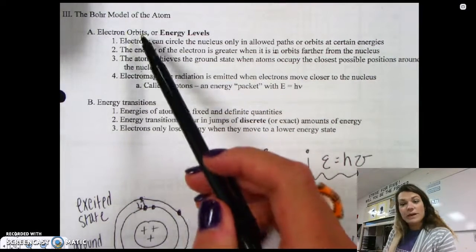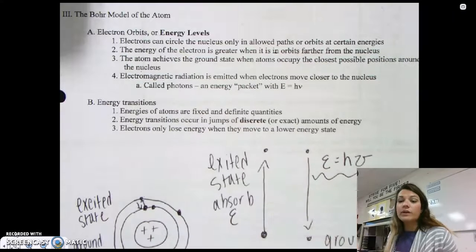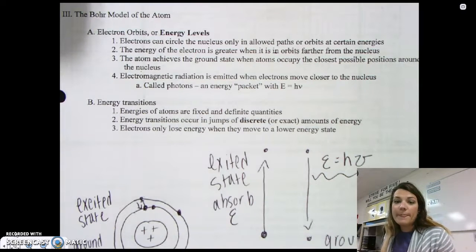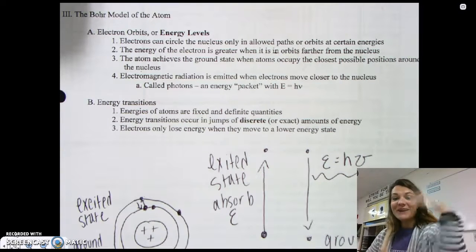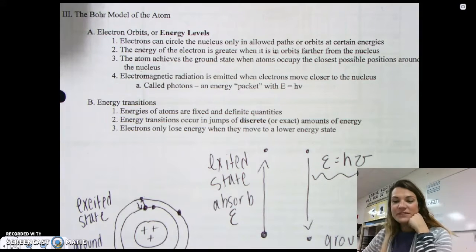So electron orbits, which is what Bohr said, are different energy levels. And those electrons, he stated, will only follow a certain path, which each individual one is going to have a certain energy. The energy of the electron is going to be greater the further away it is from the nucleus, so that's really important to understand.